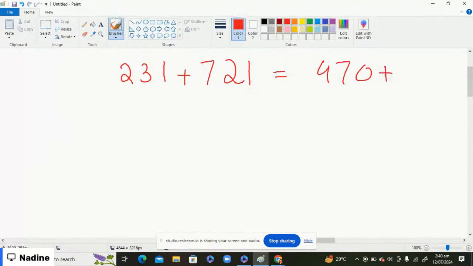It means that first of all you are going to add up 231 with 721. So after addition, what's the answer you got?